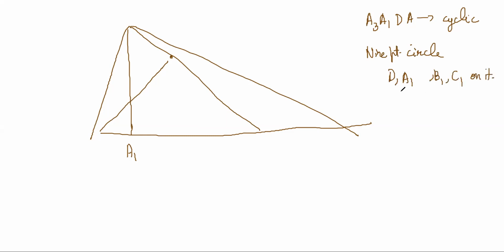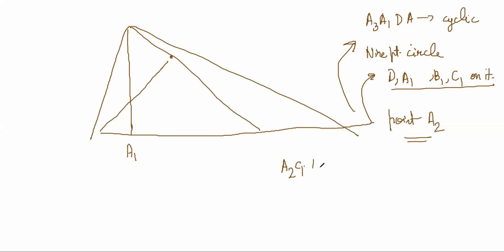So we wrote power of a point conditions from point A2 for this circle and for this circle. We wrote A2C1 into A2B1 is equal to A2A3 into A2A.